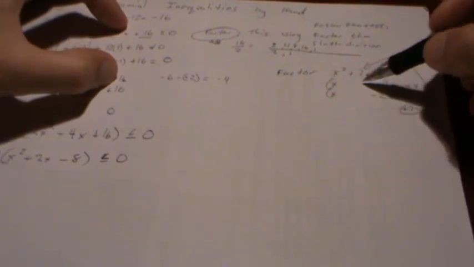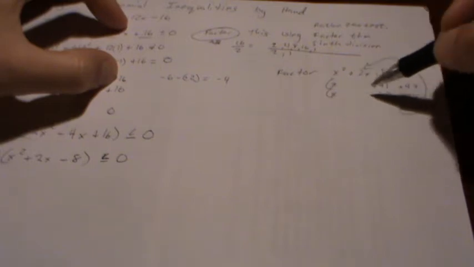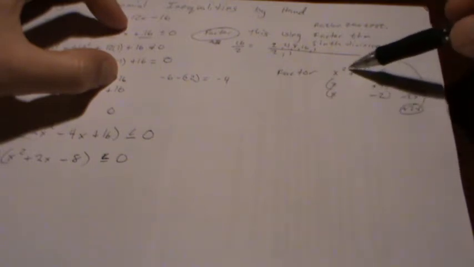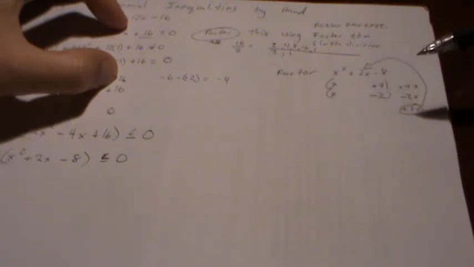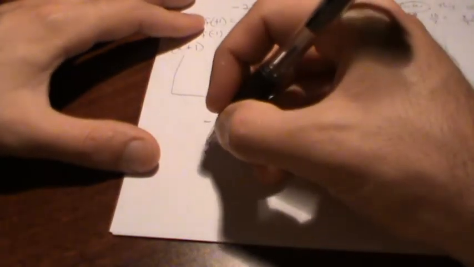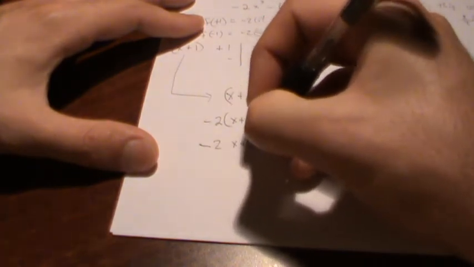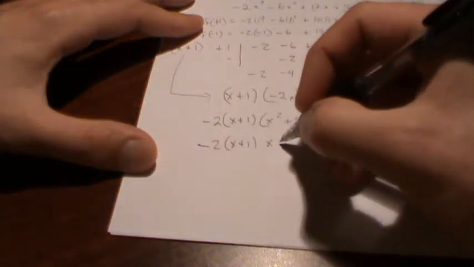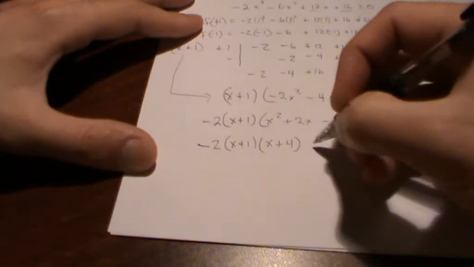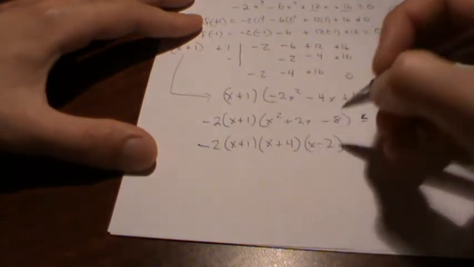So my factors are x plus 4 and x minus 2. Okay, that would be factoring. And so over here, I get x plus 4 and x minus 2.